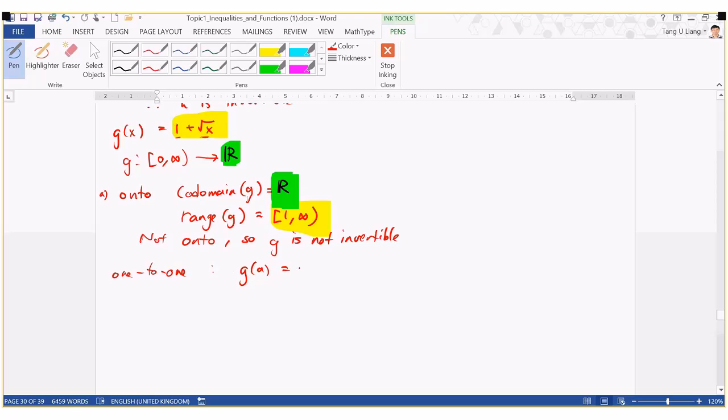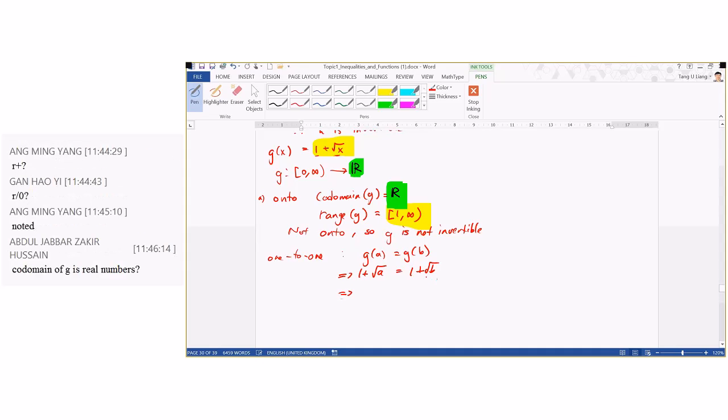No, it's not possible. That's why I say here the range is 1 to infinity, right? The range tells you that there are no negative numbers. Codomain is everything.